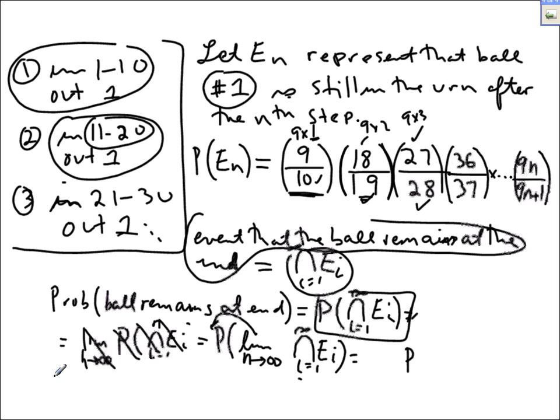We can take the probability of the intersections of the E_i and take the limit of that. We can pull the limit out in front. This is the limit as n goes to infinity of the probabilities of the intersections of the E_i.